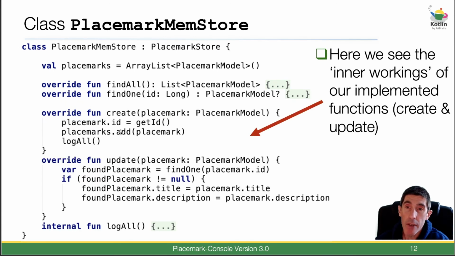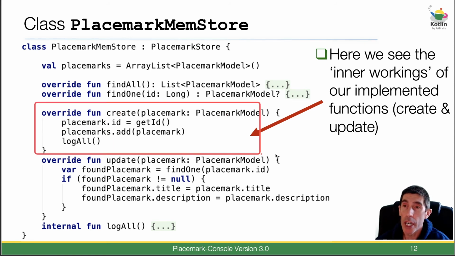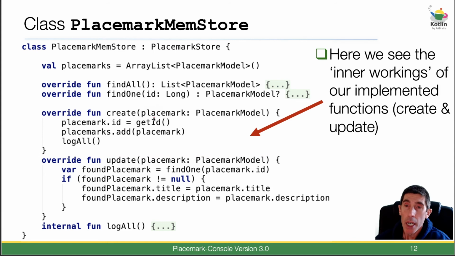If we delve a little bit deeper into some of those functions, a perfect example here is our create function. It takes the placemark that we want to add to our placemarks array list. So this is what we're passing in.